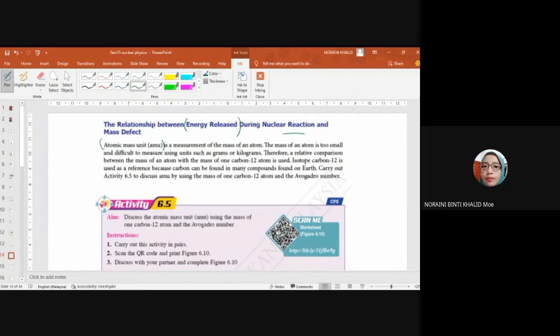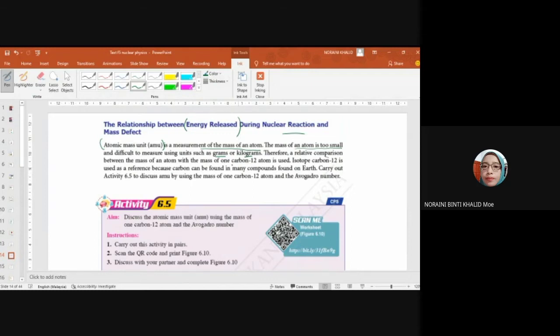The atomic mass unit is used as a measurement of the mass of an atom. The mass of an atom is too small and difficult to measure using units such as gram or kilogram. Therefore, a relative comparison between the mass of an atom and the mass of one carbon-12 atom is used. Isotope carbon-12 is used as a reference because carbon can be found in many compounds found on Earth.